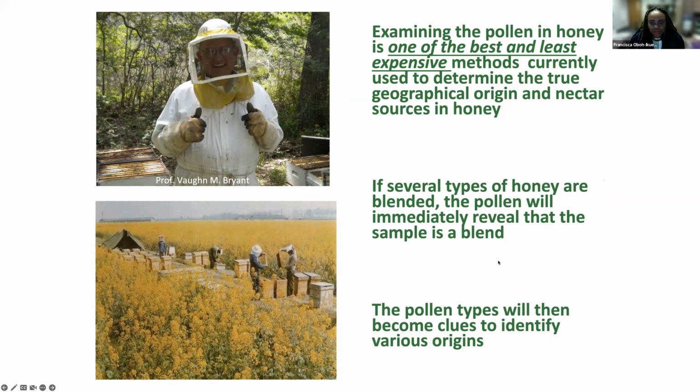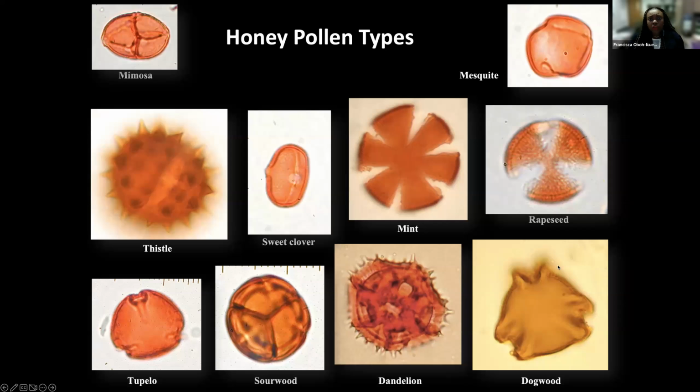This is East Texas, and these are just different types that are found in that region, like mimosa, sweet clover, many of us are used to clover honey, and dogwood, which incidentally is the state flower in Missouri.